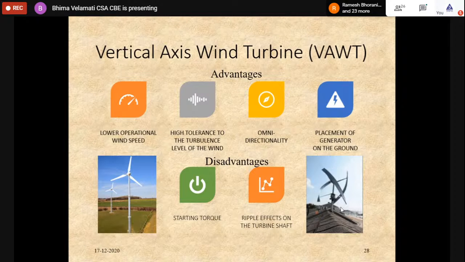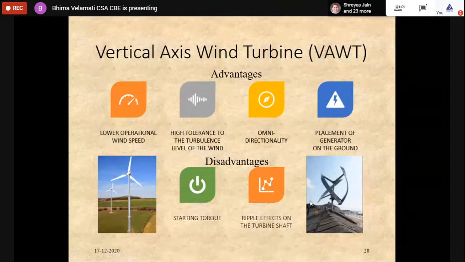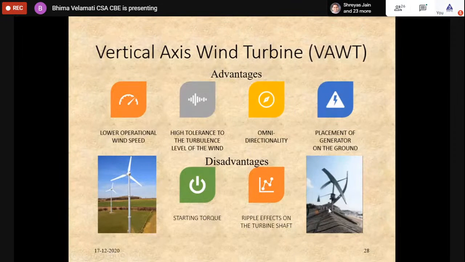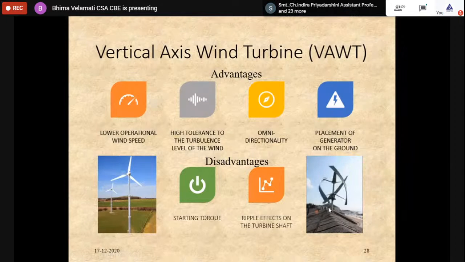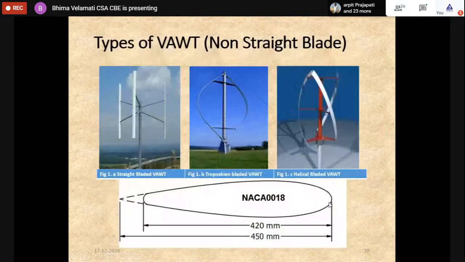Fatigue is something that you are not very much interested to put onto any structure. The ripple effect on the turbine shaft would cause failure in the very long term. So there has to be some way to reduce the ripple effect. Most of the standard vertical axis wind turbines, VAWT, have straight blades.